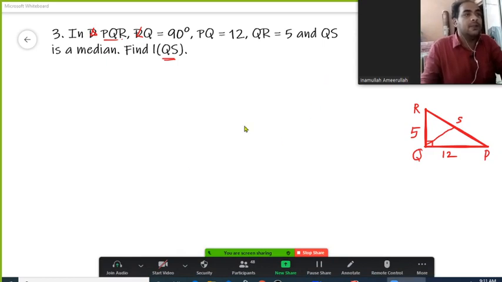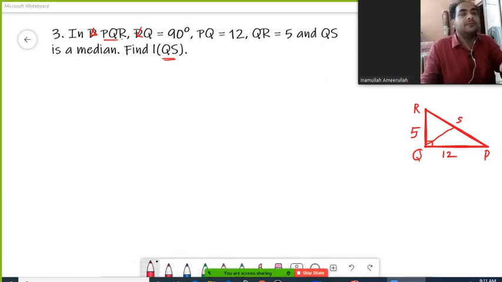And without having the length of the hypotenuse, we cannot find the length of the median. So first, we need to find the length of the hypotenuse, and then we can use the theorem on median in a right angle triangle to get the length of the median. In order to calculate the length of the hypotenuse, we can use the Pythagoras theorem.